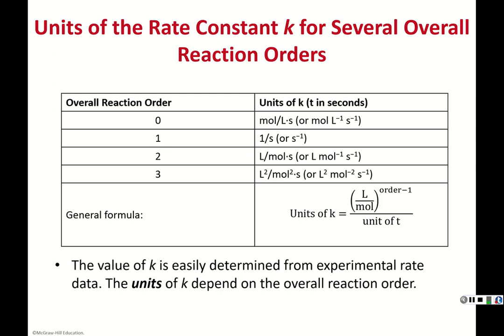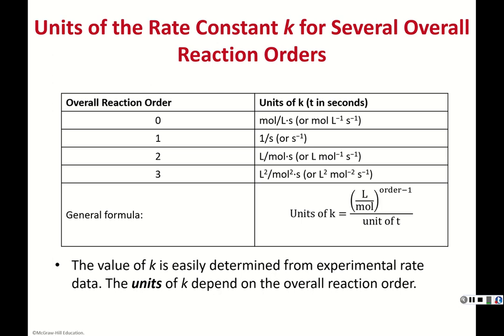The rate is a concentration, moles per liter, divided by an amount of time, per second. So reaction rates are always going to be expressed in moles per liter per second.